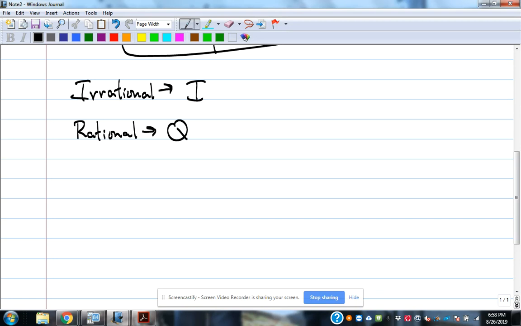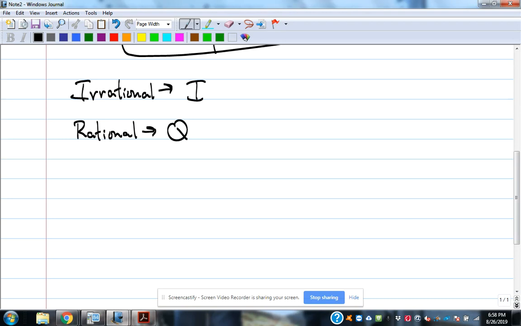Fractions are what operation? Divide. What's the name of an answer to a division problem? That's exactly right, it's the quotient. So quotient starts with Q, so it makes sense that rational is the Q. Now, R is already taken by real. That's the reason it didn't get it.